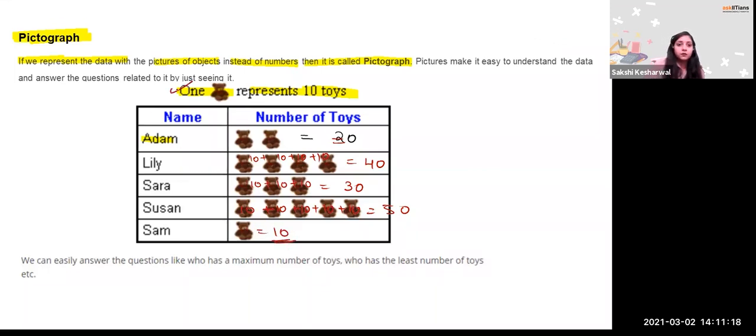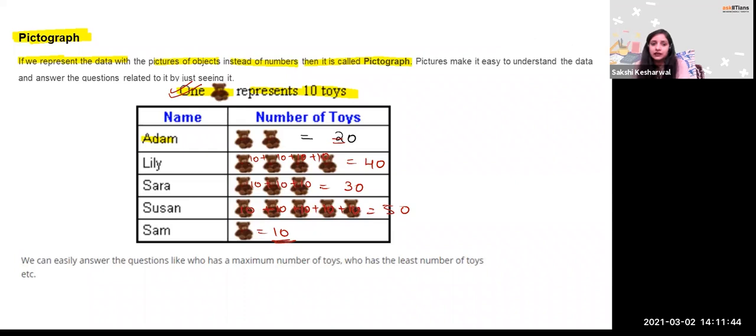But this is very important. One thing you just see: if I say to make this many teddies, how many teddies were there? 2, 4, 6, 9, 9 plus 5 is 10, 15 teddies. If I say to make 15 teddies over and over again, it's very cumbersome, a very time-taking process. So we don't prefer that; we just make stars, or circles, or whatever you want to make, right?